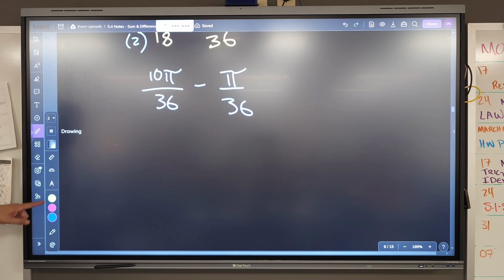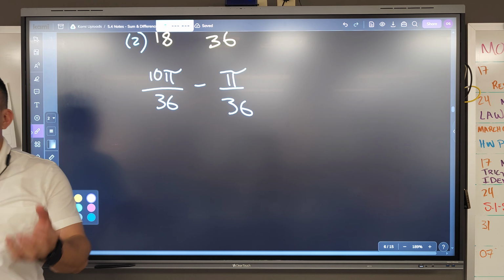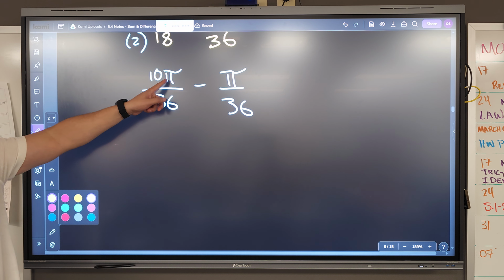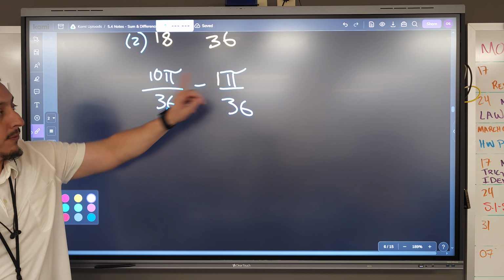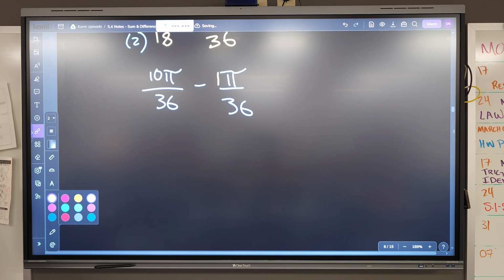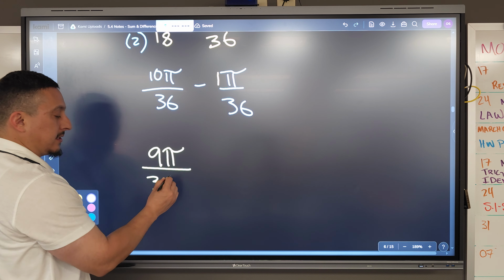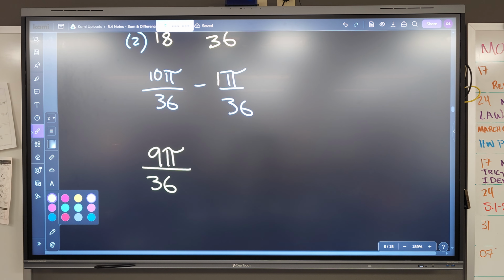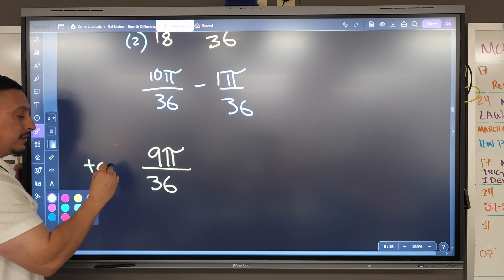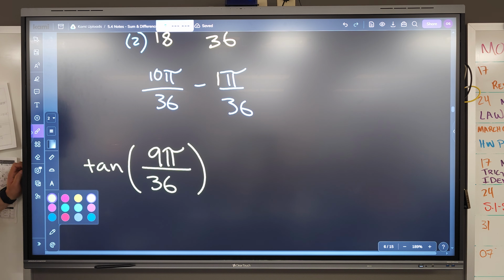Think of x's. So this is like 10x minus 1x, even though they're pi's. So how much is 10 pi minus pi? 9 pi over 36. You don't subtract the denominators, because then you would get 0. Remember, we're doing tangent the whole time. So is 9 pi over 36 on the unit circle?